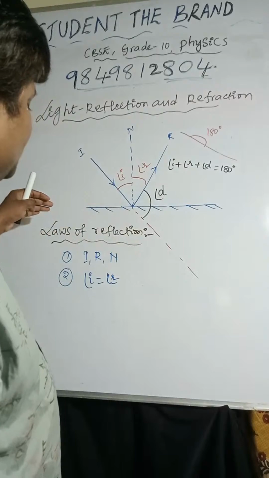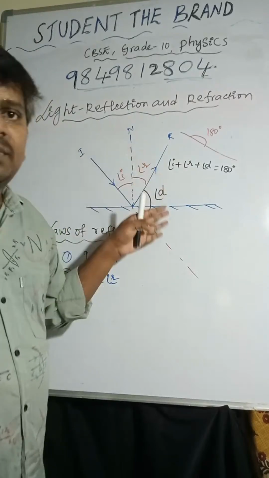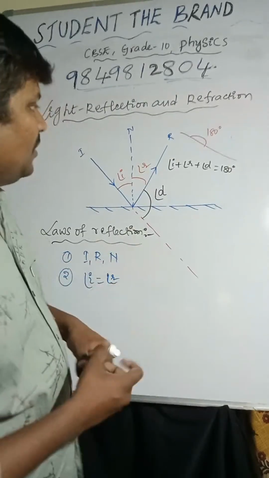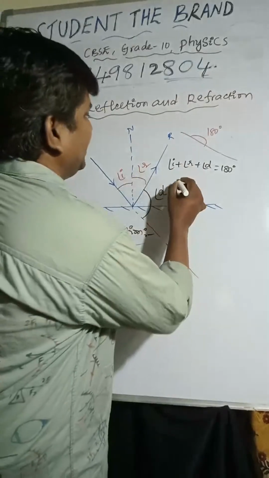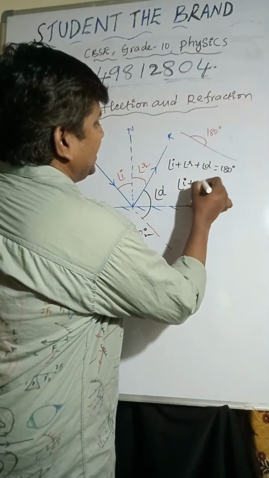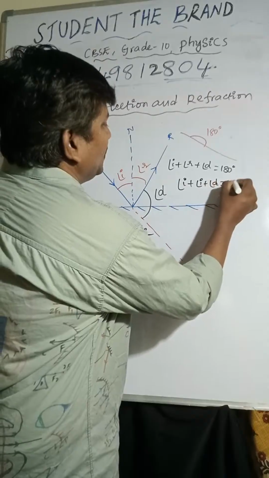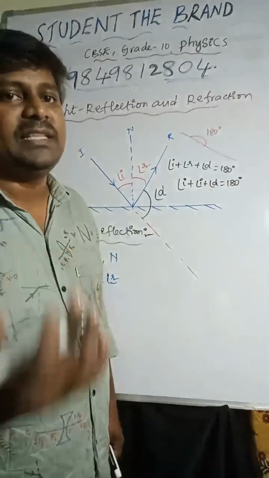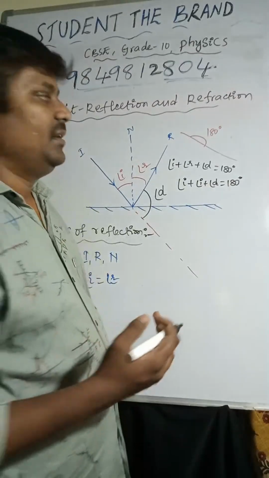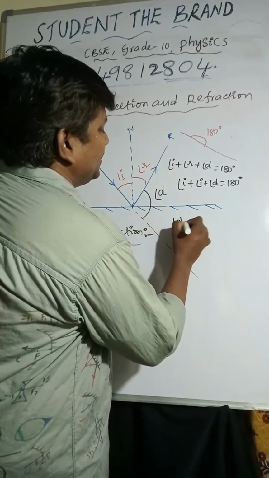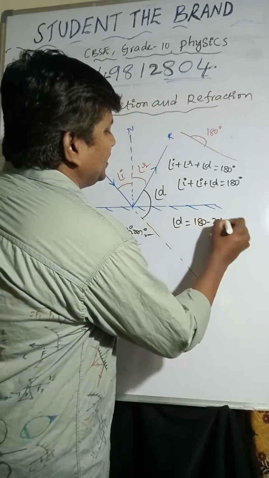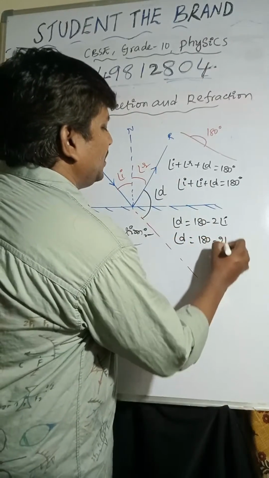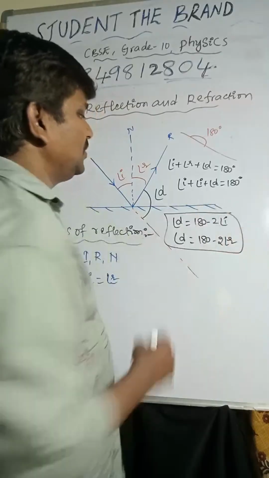From the laws of reflection, the angle of incidence equals the angle of reflection, so angle of incidence plus angle of incidence plus angle of deviation equals 180 degrees. So the angle of deviation equals 180 minus 2 times the angle of incidence, and also 180 minus 2 times the angle of reflection.